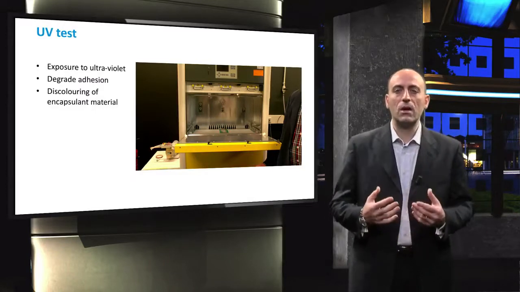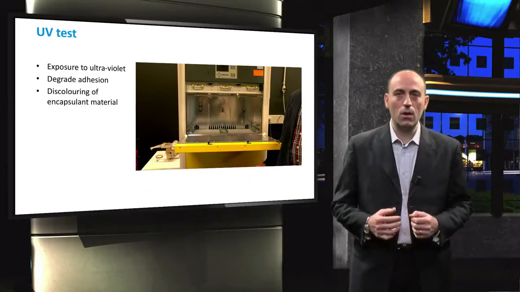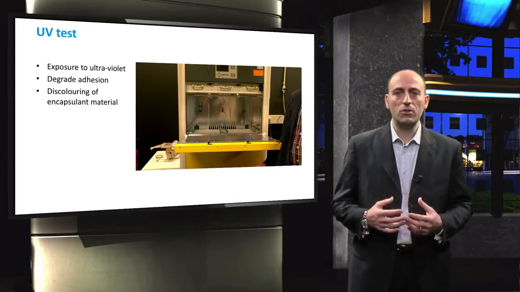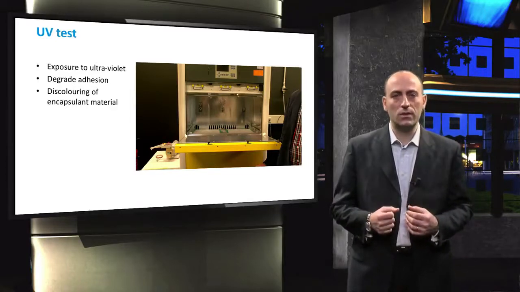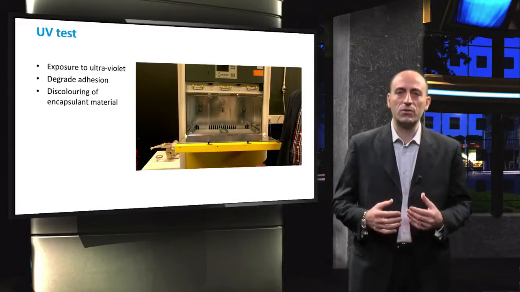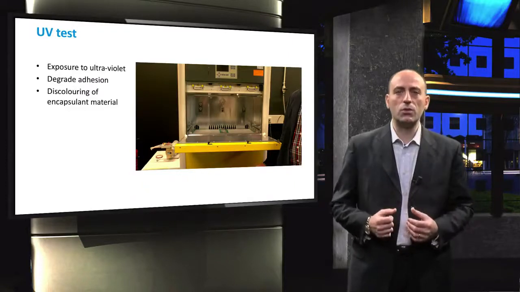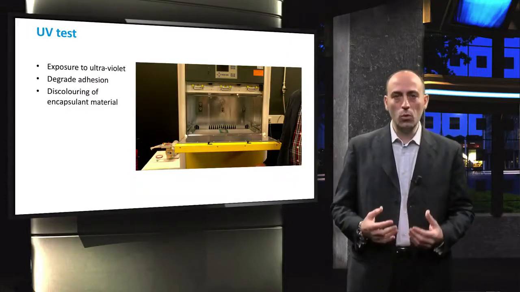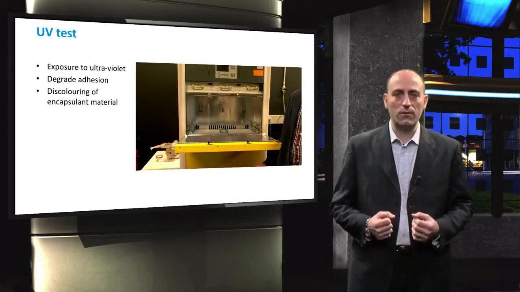Furthermore, it can discolor or reduce the elasticity of the encapsulant material. Also, light-induced degradation might play a role when amorphous silicon is incorporated in crystalline silicon technology. Although the IEC 61215 prescribes the UV test, it is criticized that the total exposure is low compared to the exposure of a module experienced outdoors in a 25 years lifetime.